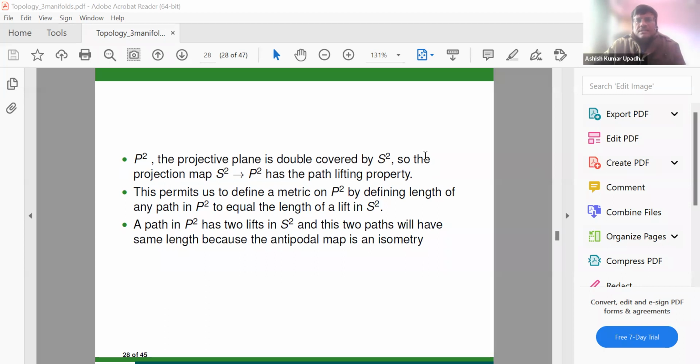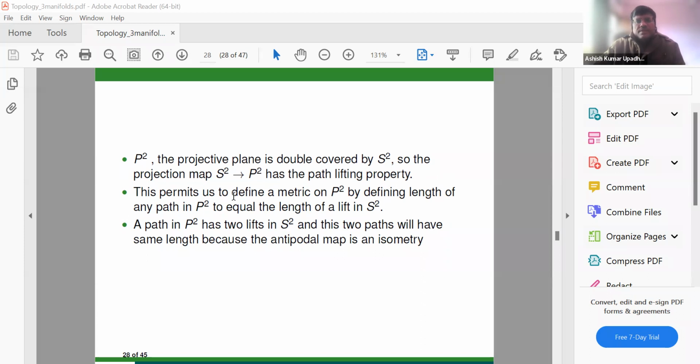And not only that, it is the universal cover because it is simply connected. So the projection map from S2 to RP2 has the path lifting property. What is that? Because a path is a connected object, it can be lifted to the covering. This is called the path lifting property.